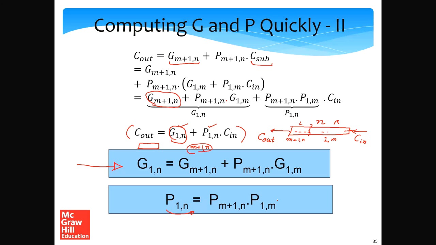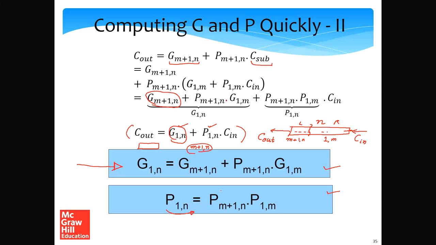The problem that we wanted to solve here is: given an n-bit block, can we represent its generate and propagate functions in terms of the generate and propagate functions of the different subblocks, the left one and the right one? We were able to do that, and these are the two equations.